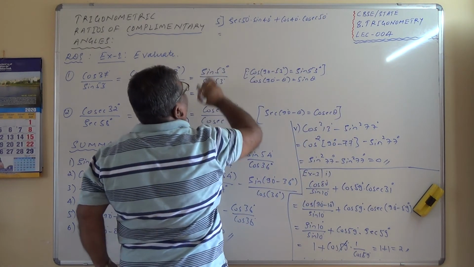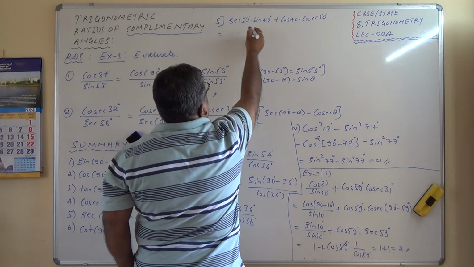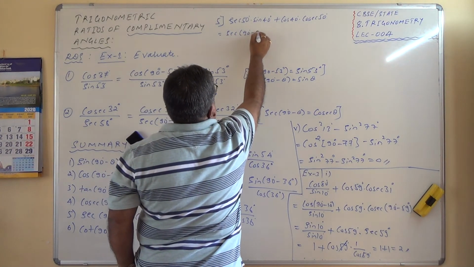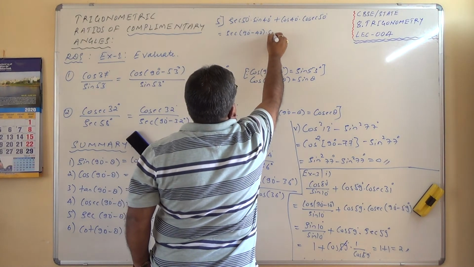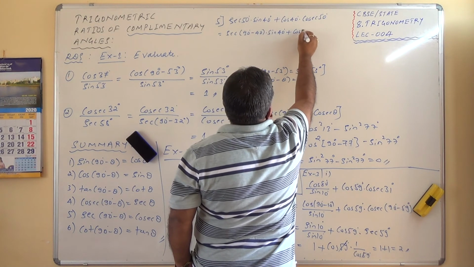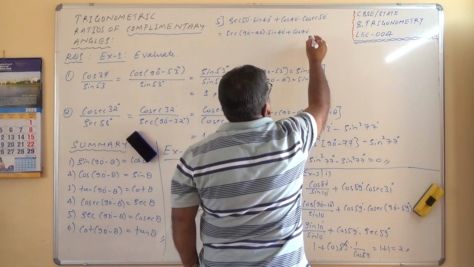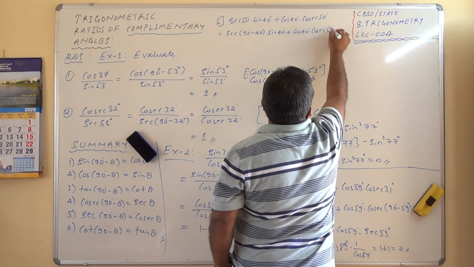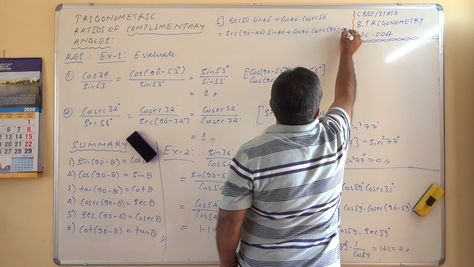This equals secant of 50 can be written as secant of 90 minus 40 into sin 40 plus cos of 40 into cosec of 90 minus 40.